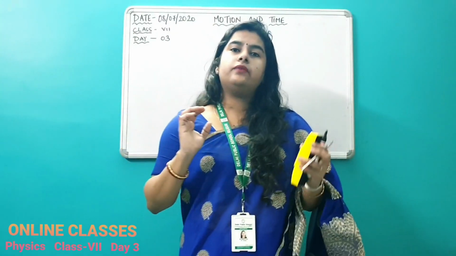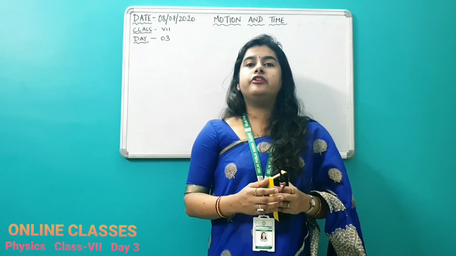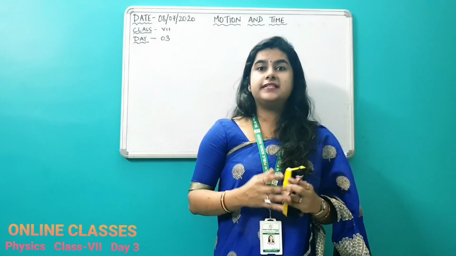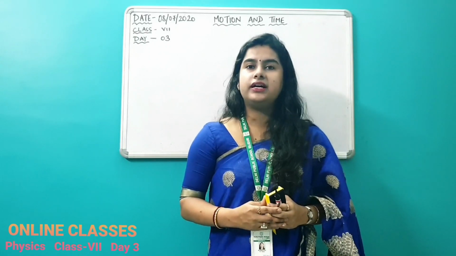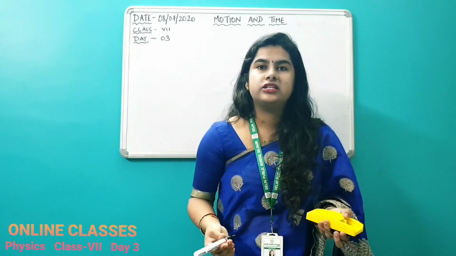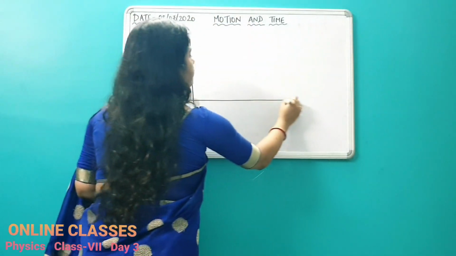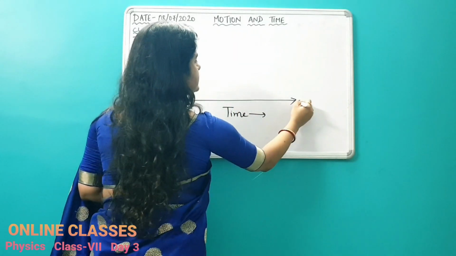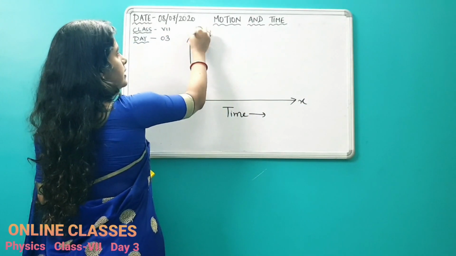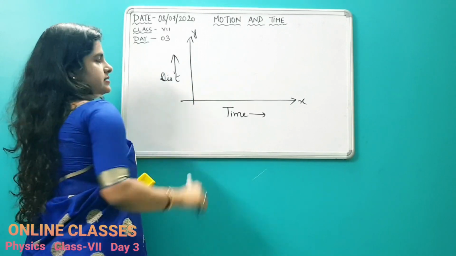Before that, I would like to tell you one thing: if I want to represent the speed graphically, how should I draw it? I should draw a graph having time on the x-axis and distance on the y-axis.